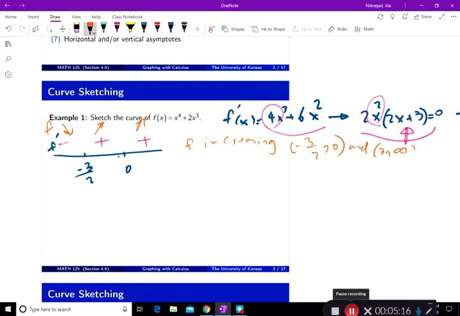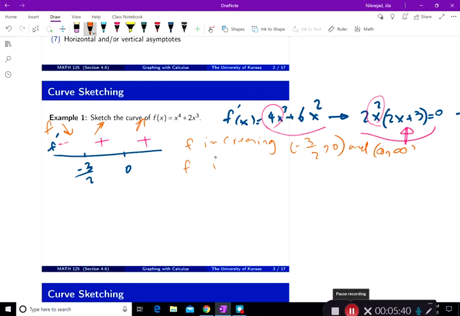Notice that I don't put (-3/2, infinity), because at 0 f prime becomes 0. So there is a break right there. It's not strictly increasing in there. And so it's going to be (-3/2, 0) and (0, infinity).